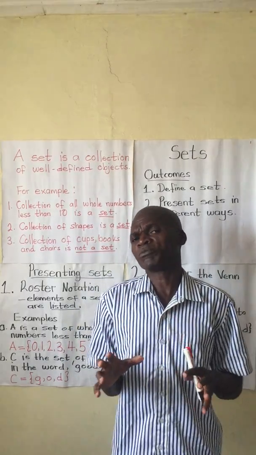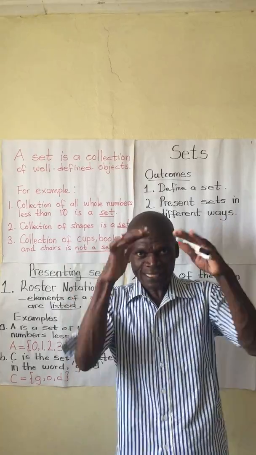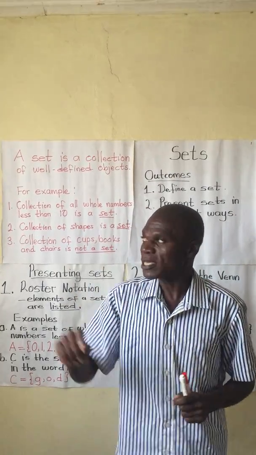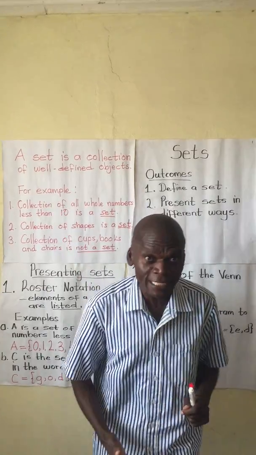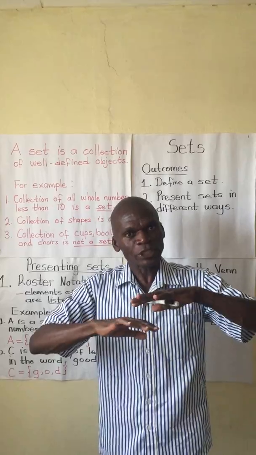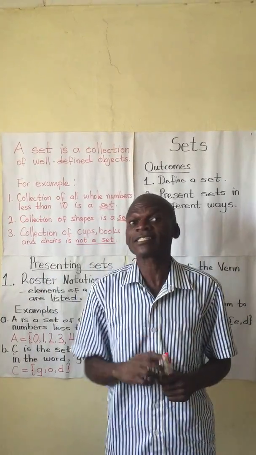So these objects or these elements that you have grouped as a set should be well-defined. So there's nothing like having a doubt. There shouldn't be any doubt on what you have put as a set.